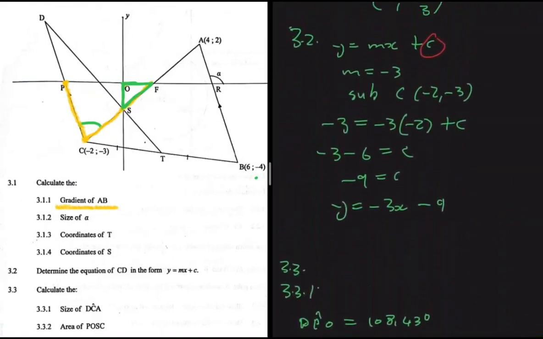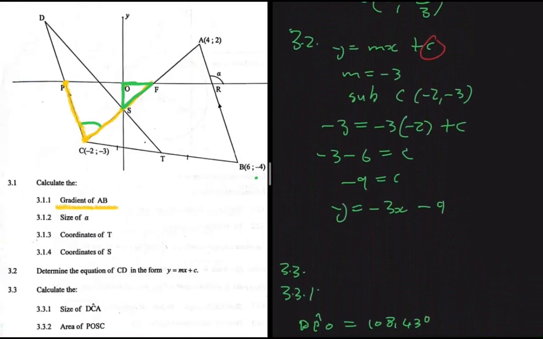On the equation of CD, we let y be equal to 0. If y is equal to 0, then 9 should be equal to minus 3x. So x should be equal to minus 3, right? So for P, we have minus 3 and 0.